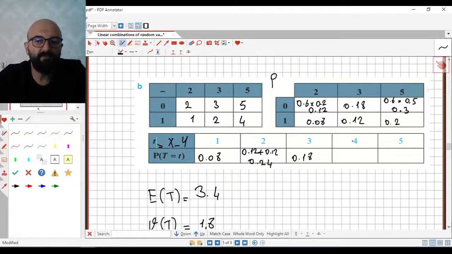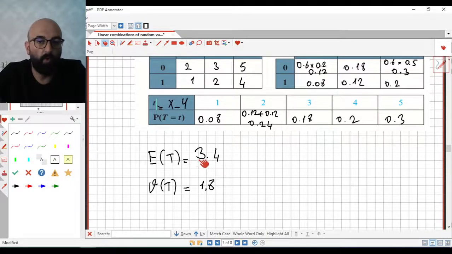If we want to get 4, 5 minus 1, so it means the probability of 5 and 1, 0.2. If we want to get 5, it means 5 minus 0, the probability of 5 and 0, 0.3.